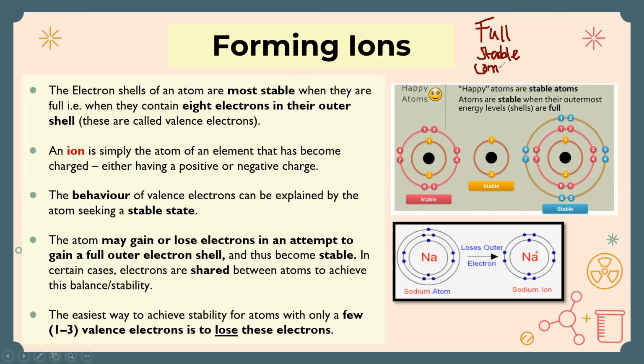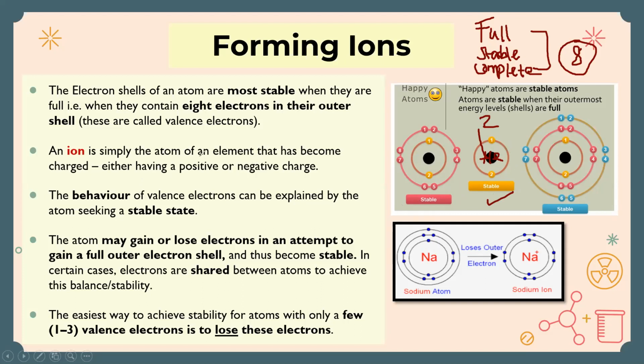For almost all the elements in the periodic table, this is the rule, except for, if anyone remembers, helium. Helium, He, is a noble gas, and it's the only element in the periodic table that is stable with 2 electrons in its outermost shell, because helium's atomic number is 2. It can't go further than that in terms of electrons. So 2, and that's stable. But for any other element, it needs 8 electrons in its outermost shell. That's our magic number there.